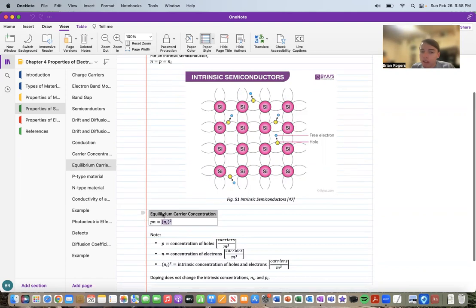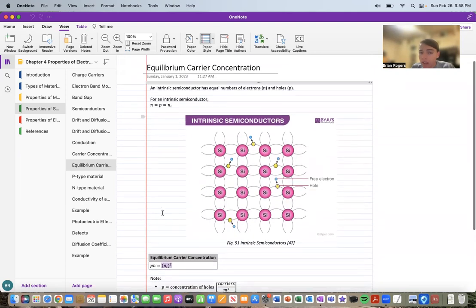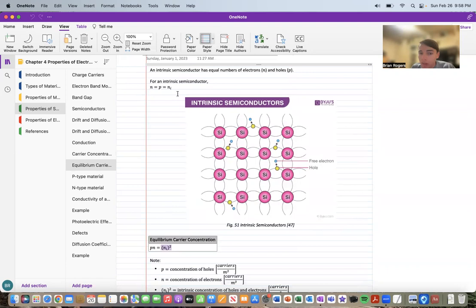So what I'm talking about here is that within an intrinsic semiconductor, the number of electrons is equal to the number of holes. So the intrinsic concentration of electrons multiplied by itself is going to equal n times p. It's the same thing as multiplying one of them times itself.